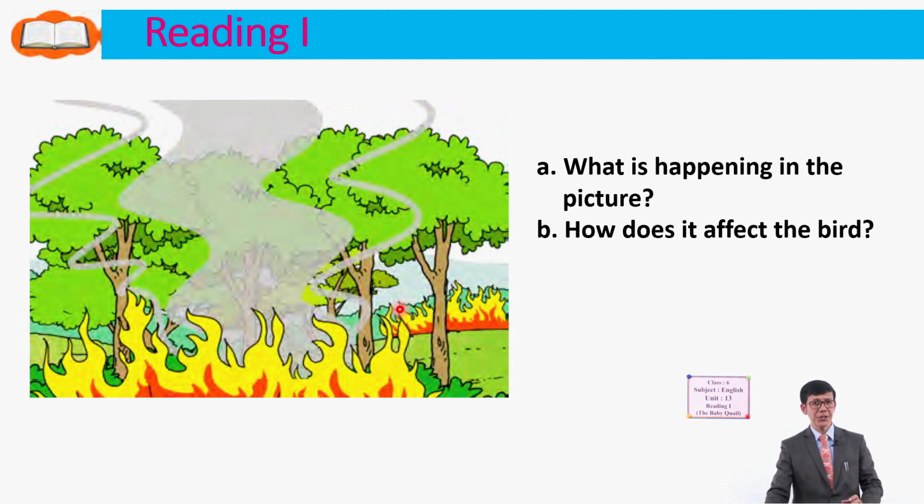If there is fire in the jungle, then the birds living there lose their home. It means they have to leave that place and move somewhere else. They lose their place where they are living, right?